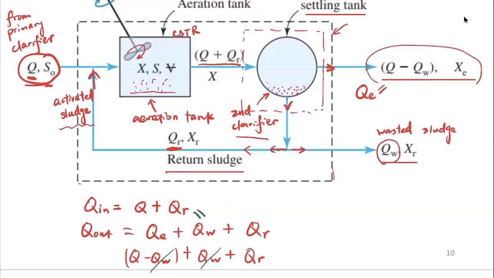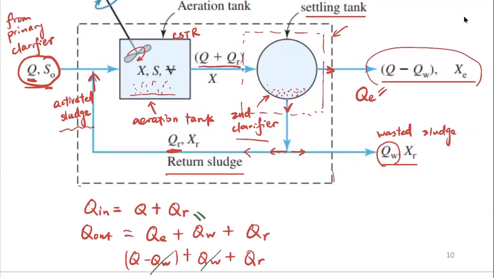There's also a mass balance of the suspended solids, if we still choose this control volume as the studied object. Let's say we know the suspended solid concentration here, and define it as SSW.